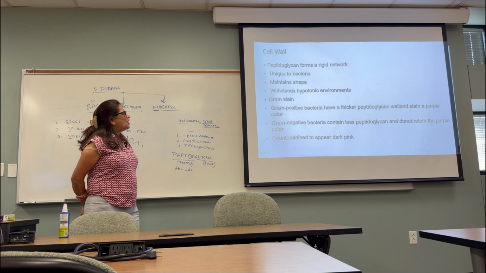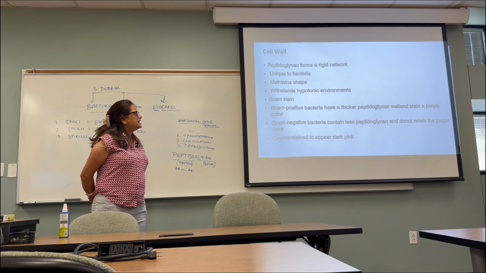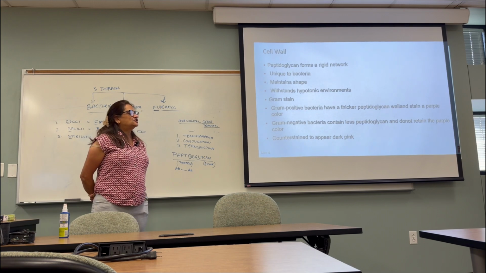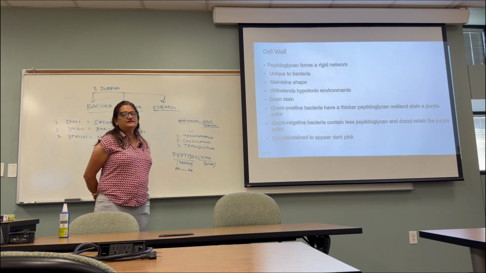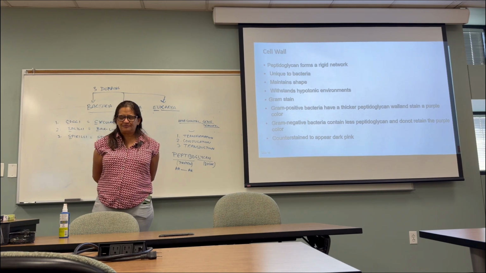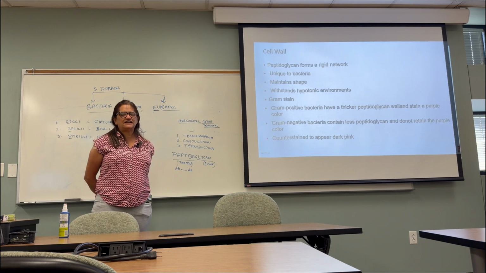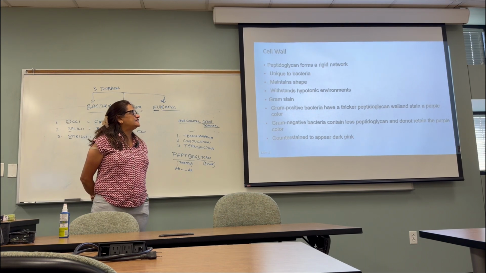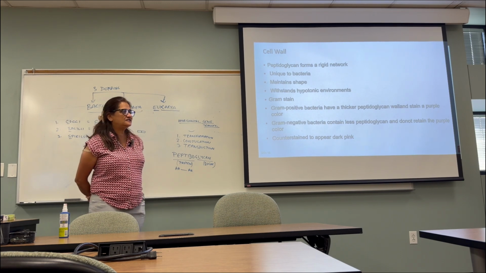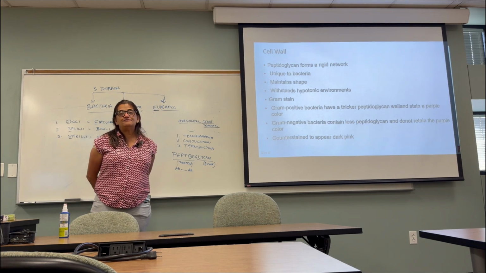Okay. Now, how we differentiate bacteria into two types is all dependent on this cell wall. Because of the presence of the peptidoglycan cell wall in a certain way, bacteria have been divided into two main categories based on the gram stain.